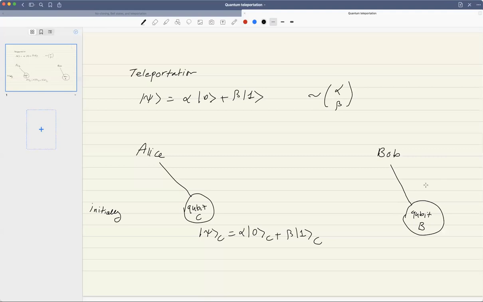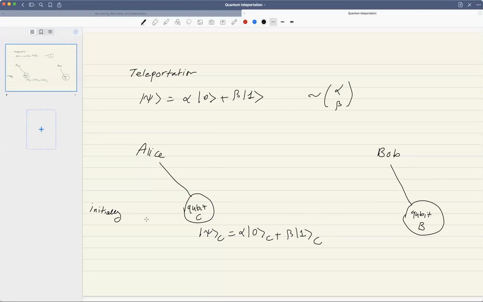So initially, if qubit B is in one particular well-defined state, it's not entangled with anything else, then we won't be able to make that state equal to this. So teleportation makes use of the fact that initially this qubit B that Bob has access to is entangled with another qubit that Alice has access to.